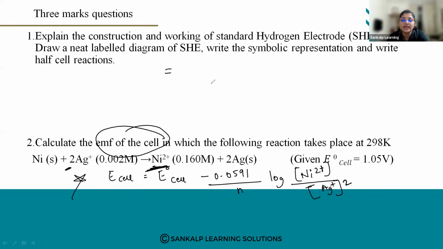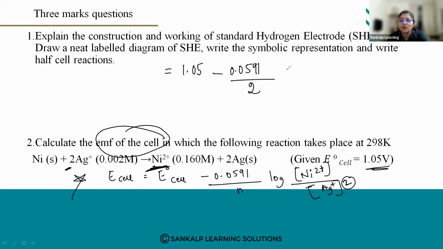What is the E naught of the cell? E naught of the cell is given as 1.05. So 1.05 volts minus 0.0591. And what is N? N is 2. So here N is 2, so 2 electrons are involved here.